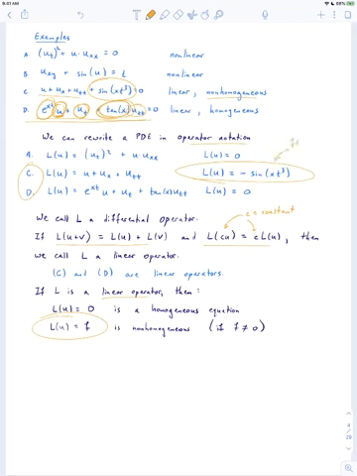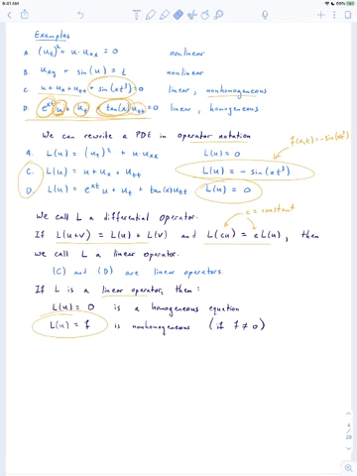Here we have f of x comma t equal to minus sine of xt cubed, which is certainly not the zero function. So this one is non-homogeneous because we have L of u equal to some non-zero function. On the other hand, in D, L of u is equal to 0, so that's homogeneous.